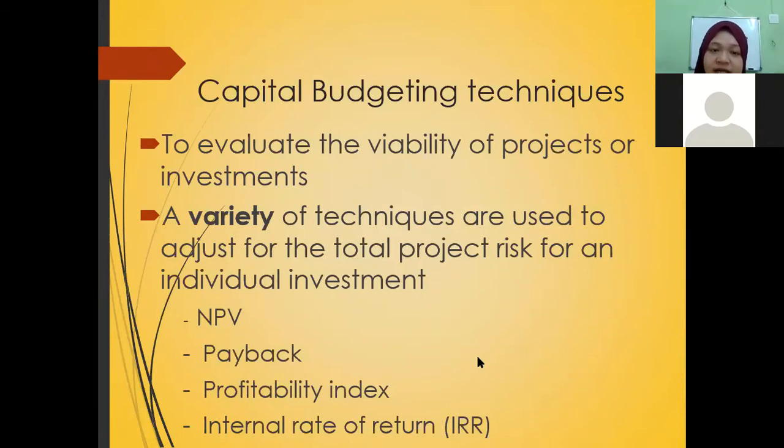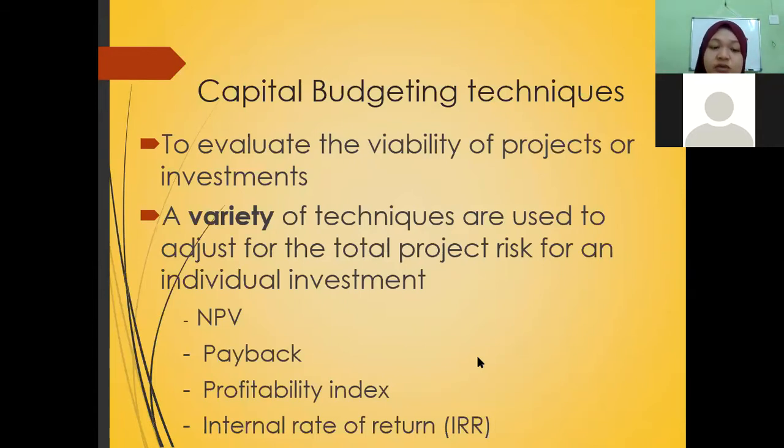Payback means you identify how long it takes for the investment to get back all the initial investment. How much you invest into the project, how long it takes for all the investment to be returned.